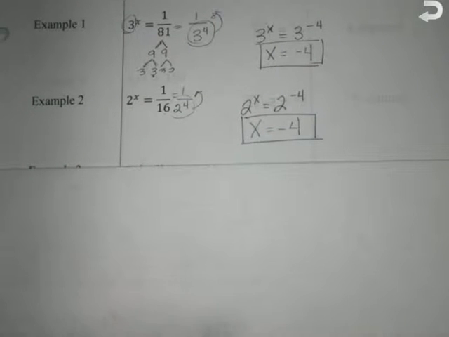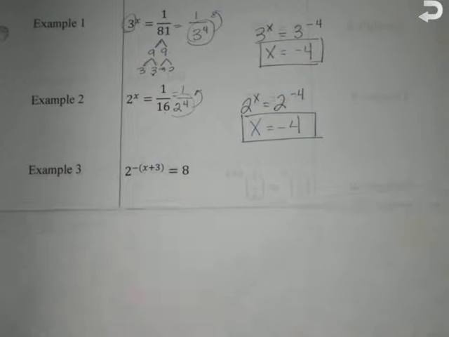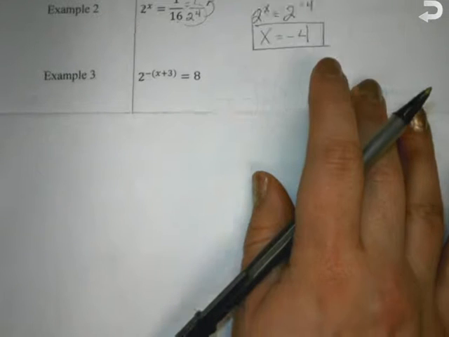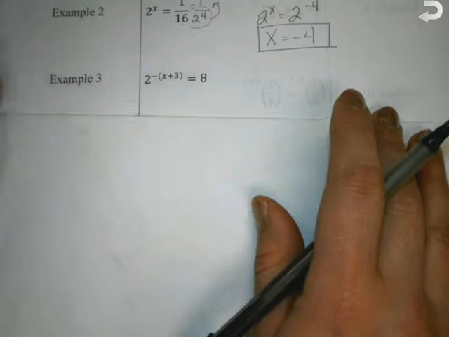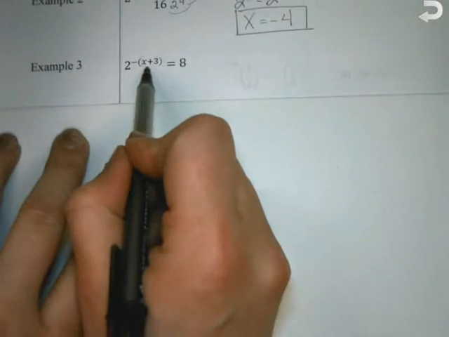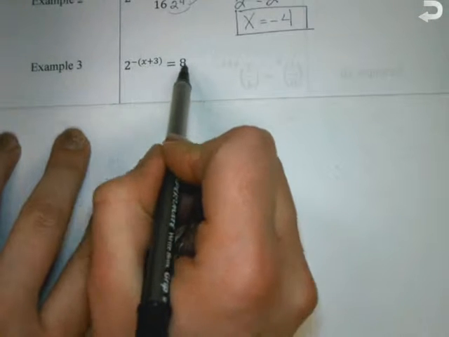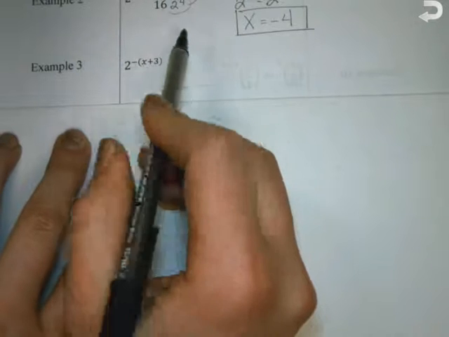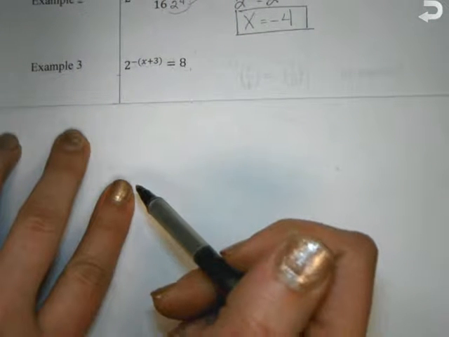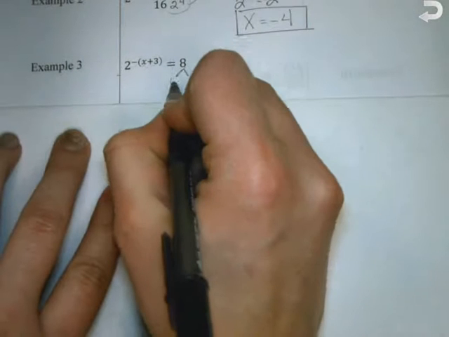Okay, example 3. Now we actually are going to have some solving to do. I have 2 to the negative x plus 3 equals 8. How can we get this to be a base of 2? 8 is 4 times 2, and 4 is 2 and 2.